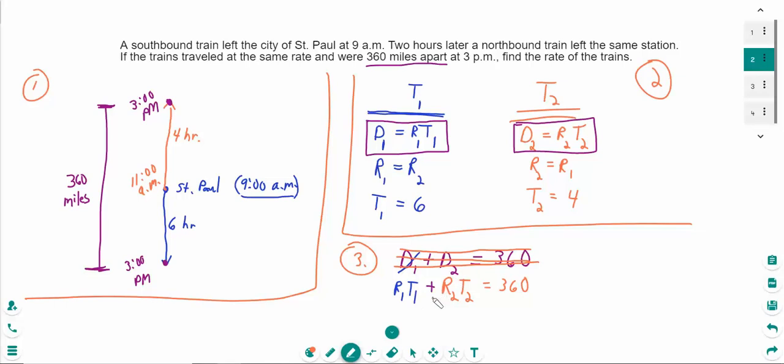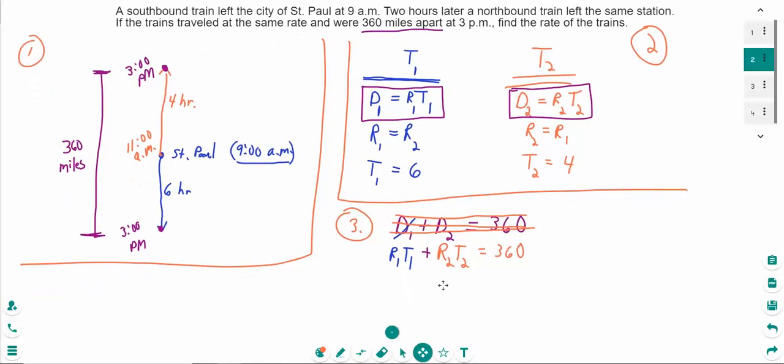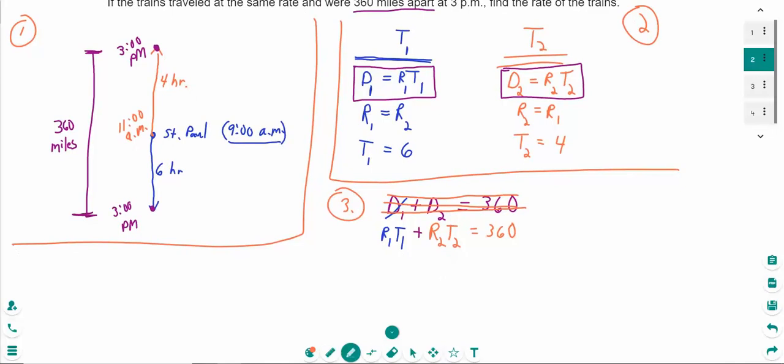Once you've replaced them with rates and times, what we're trying to do here is get a system of equations going, so that we can solve for all of these variables. And how many variables do we have? We have 1, 2, 3, 4 variables, 4 different variables. So we need 4 equations here, and they all have to be using one of these variables.